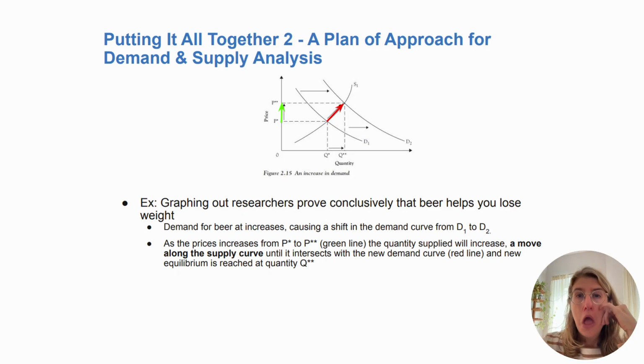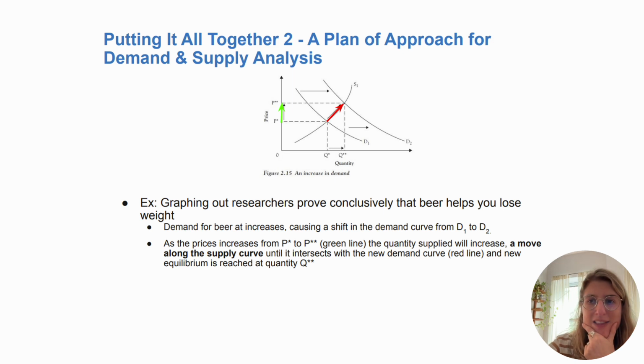So we show that as movement along the supply curve, right? Nothing has happened to shift the supply curve yet. It's just a change in price of beer because the demand increased, and that's just a shift along the supply curve, right? So the market then will find a new equilibrium with Q star star here, with more beer being bought.